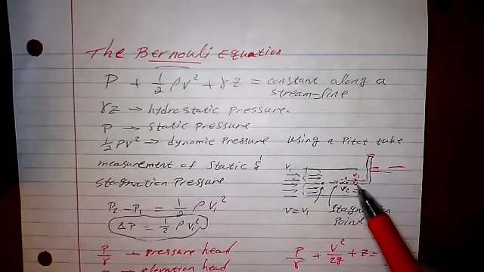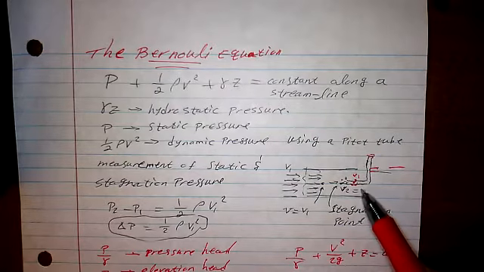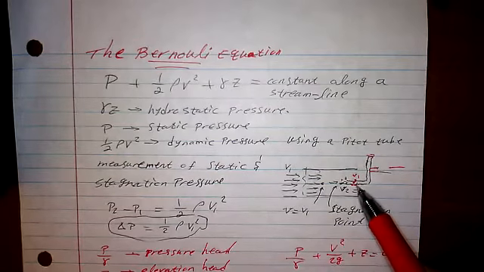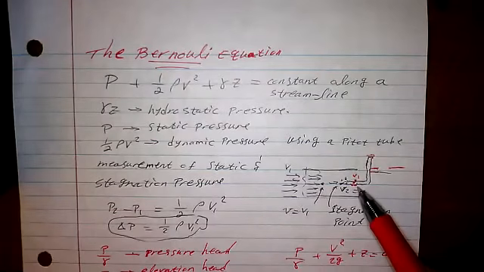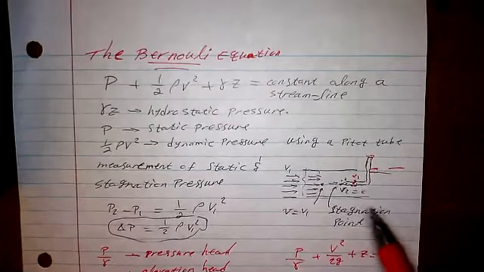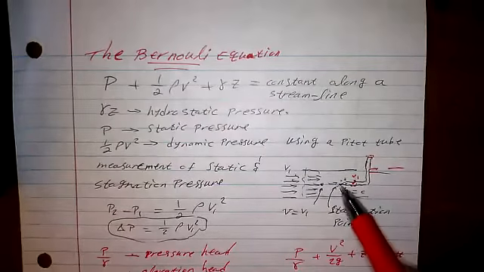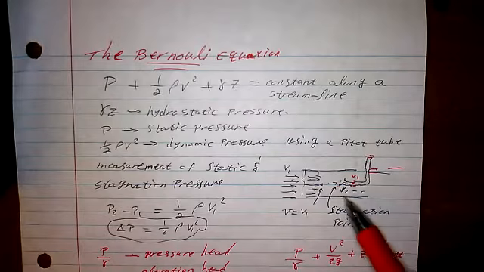There are little holes around the periphery of this pitot tube that measure the static pressure, and the stagnation pressure is at the nose of the pitot tube.